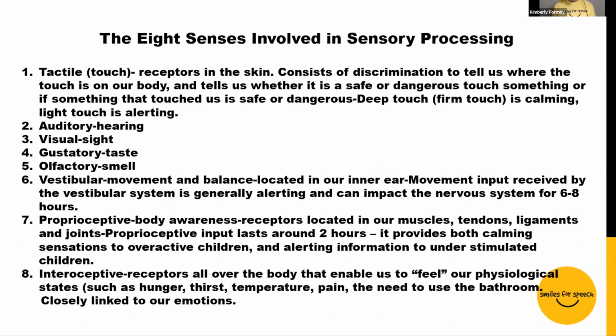And then there's interoceptive receptors. And these are receptors that are located all over our body that enable us to feel and help us interpret physiological states that are happening inside our bodies, such as hunger, thirst, body temperature. Are we hot? Are we cold?